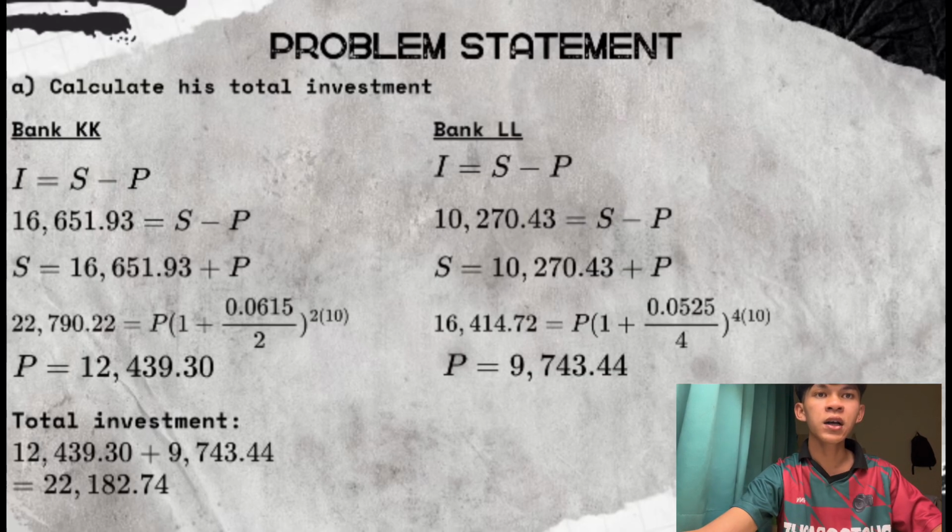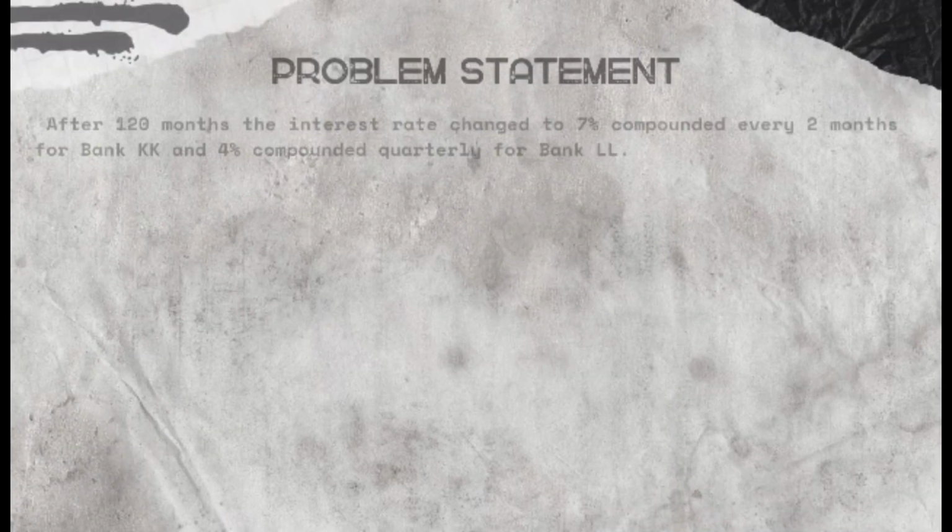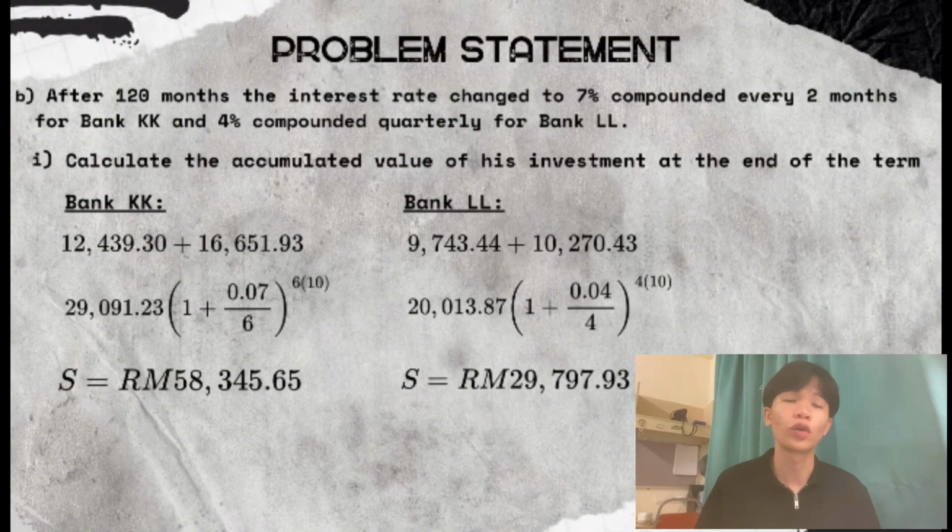So we get the answer of P for Bank LL, 9,743.44. Then for the last step, we add P of Bank KK and Bank LL. So we get the total investment of 22,182.74.